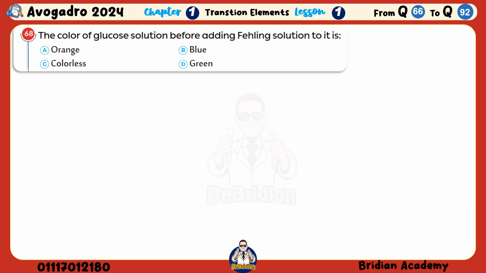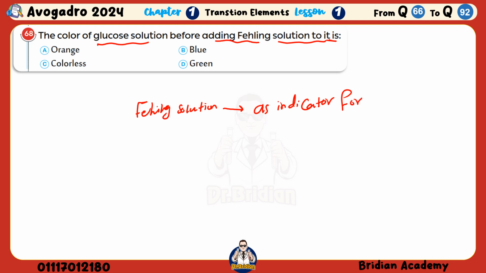Question number 68. The color of glucose solution before adding Fehling's solution to it is. We know that we use Fehling's solution as an indicator for glucose solution.